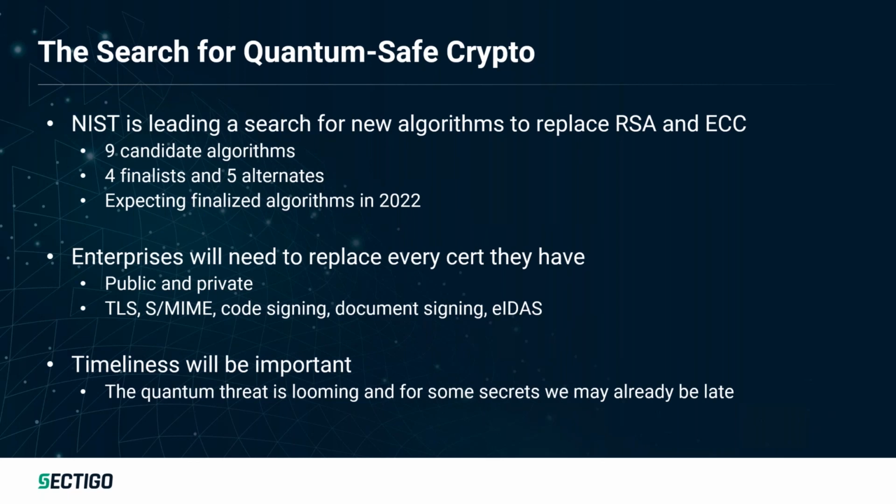And some of our secrets won't be valuable in 5 years, but some of them will. And so what we really need to do is move fast. As soon as the algorithms are ready and the software and hardware can support it and the certs are being issued by public CAs, you're going to want to take those and change them out and move to quantum ready certificates in your environments.